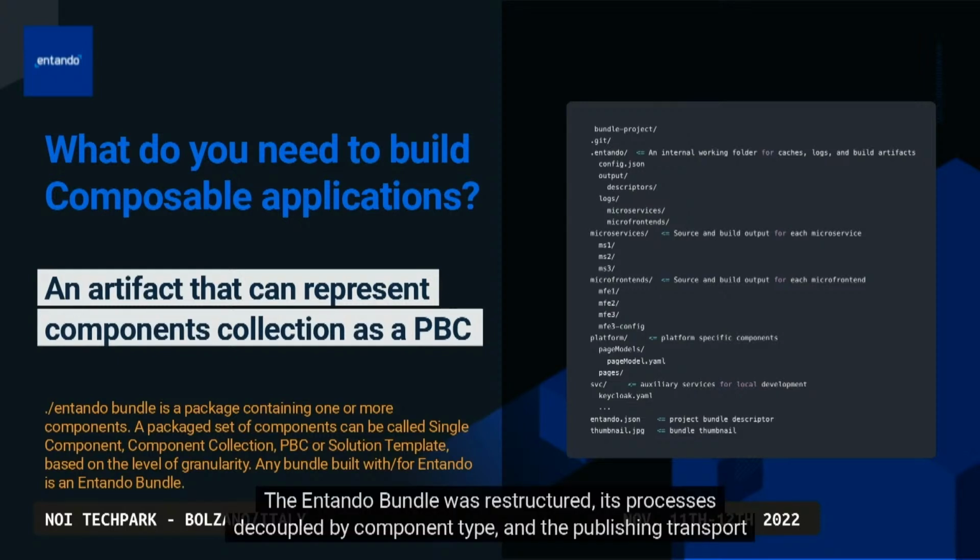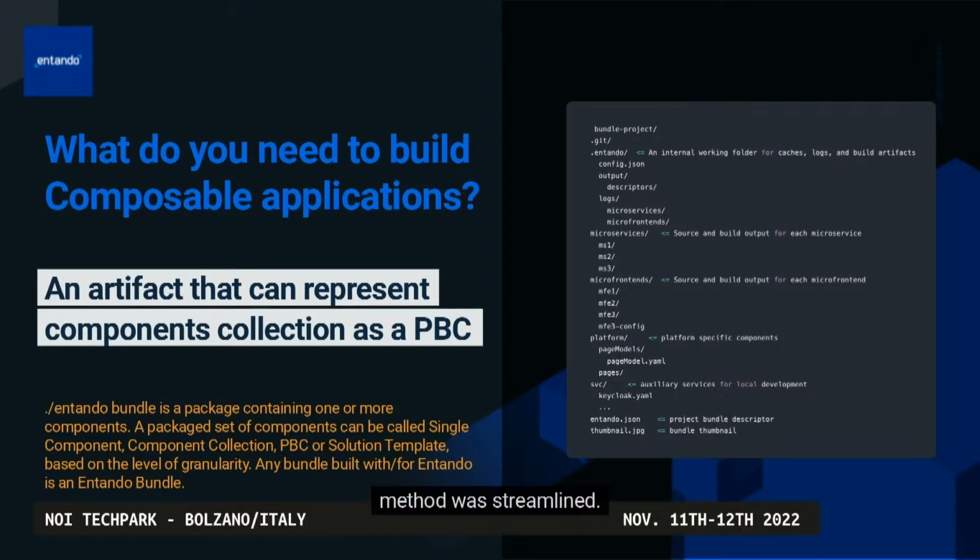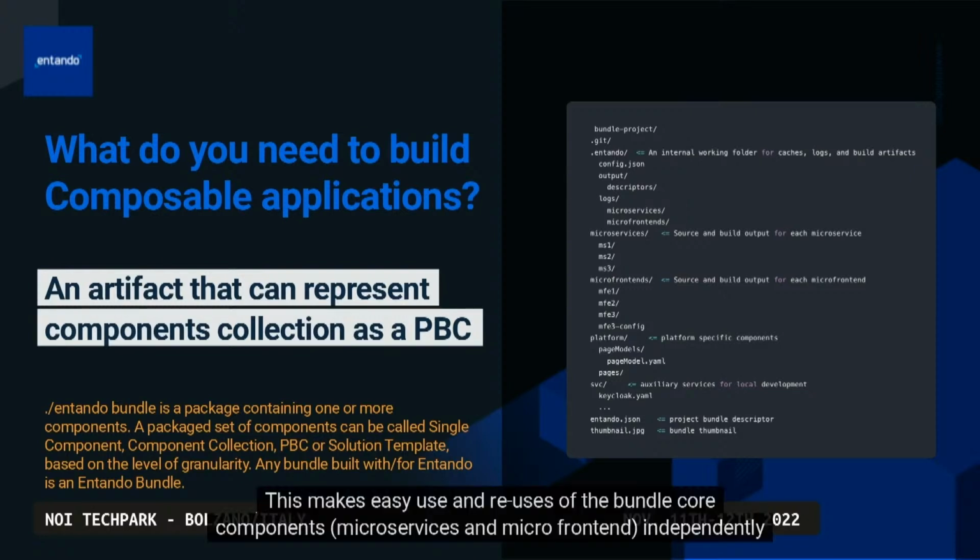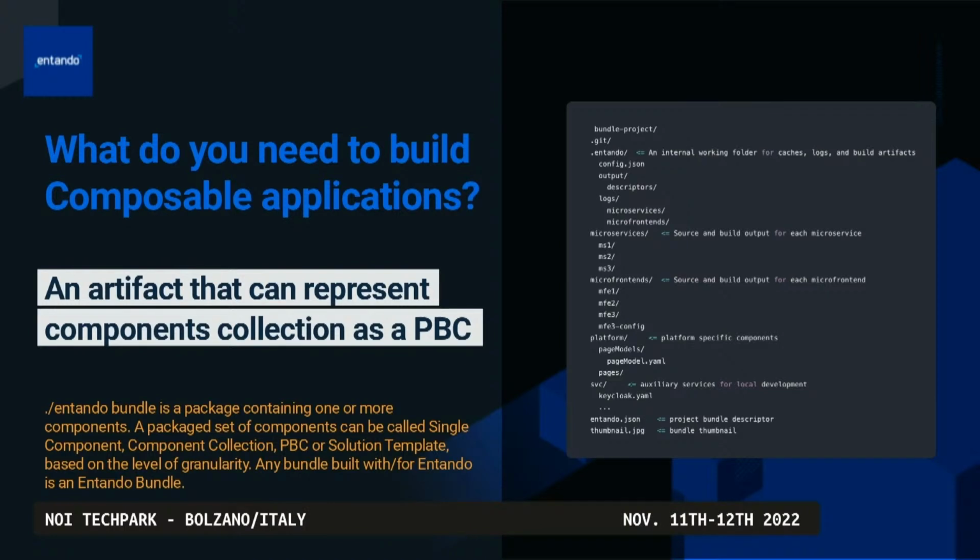The Intando bundle was restructured, its processes decoupled by component type, and the publishing transport method was streamlined. With these changes, Intando bundles went from Git-based to Docker-based OCI bundles. This makes it easy to use and reuse the bundle core components, microservices, and micro frontends independently from Intando.